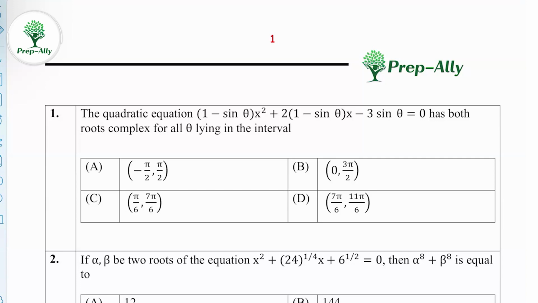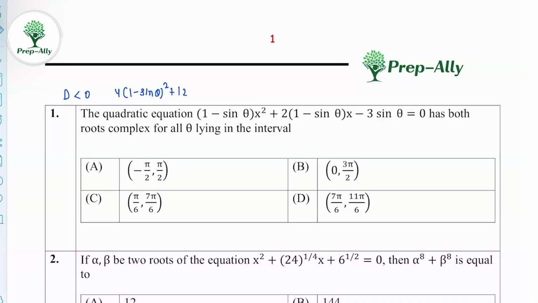First question, they are saying that the quadratic equation has both roots complex. Complex means non-real roots. So for that, D should be less than 0. When you apply D less than 0, what will you get? B square minus 4AC.